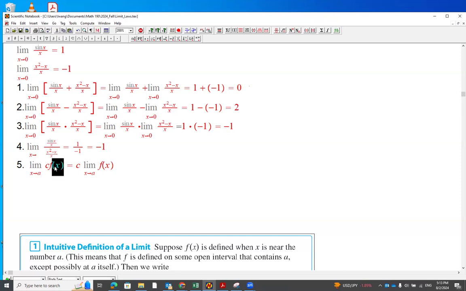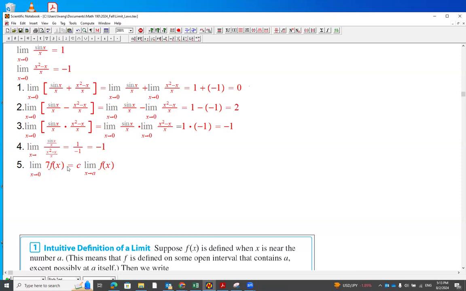Last but not least, if I choose the number 7, as x approaches 0, and number 7 multiplies the limit of sine x over x, it is just going to equal 7 multiplied by this limit, which equals 7 times 1, equals 7.